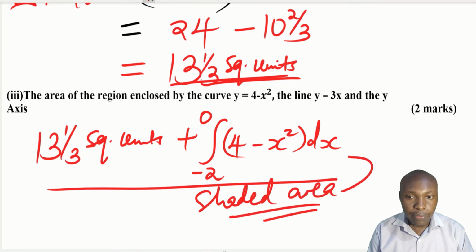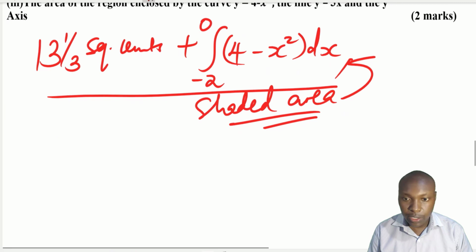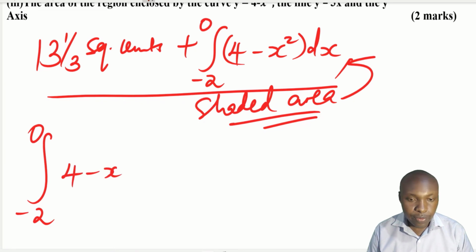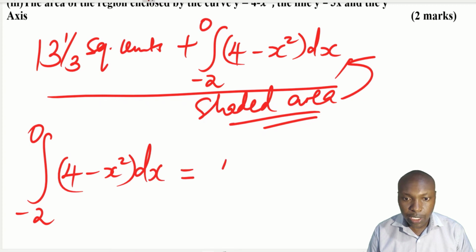The area below is 13 and a third, and then we add the integration from negative 2 to 0 of that function, which gives the area above the x-axis. So the limits negative 2 to 0, 4 minus x squared, with respect to x.